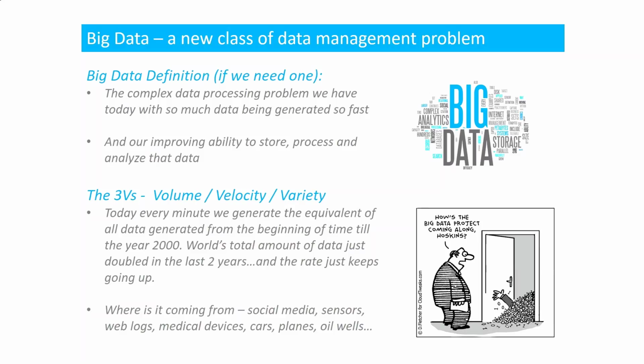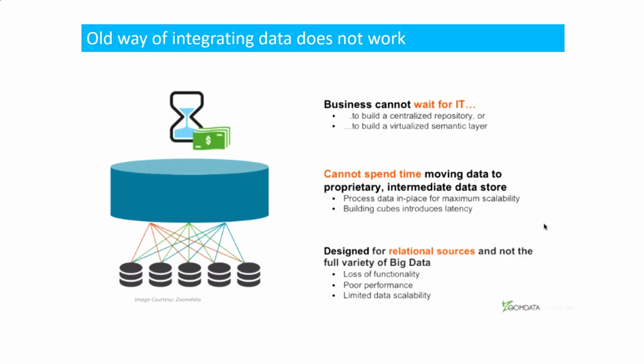They are structured, semi-structured, XML, JSON, web logs, all kinds of formats. So of course our architecture had to change. Where is it coming from? As we talked about: social media, sensors, web logs, medical devices, cars, planes, oil wells. So it had to be done in a different way.